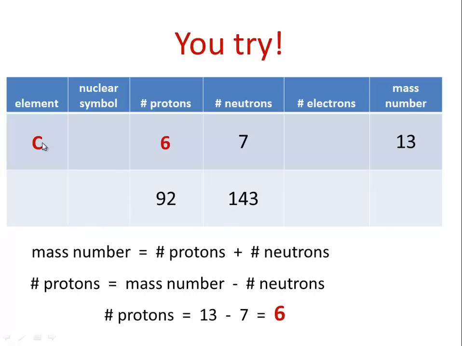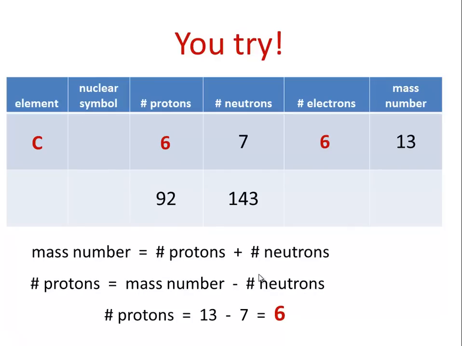Now, if we have 6 protons, how many electrons do we need to have a neutral atom of carbon? That's right, you have to have an equal number of electrons and protons in order to have a neutral atom. And then finally, use the information here to derive the nuclear symbol for this.